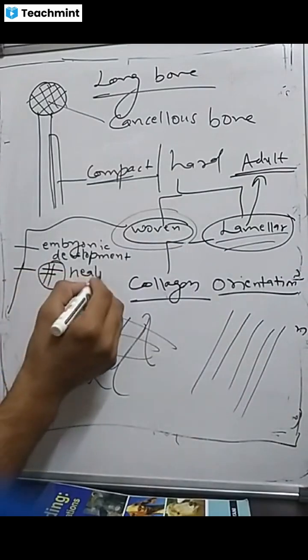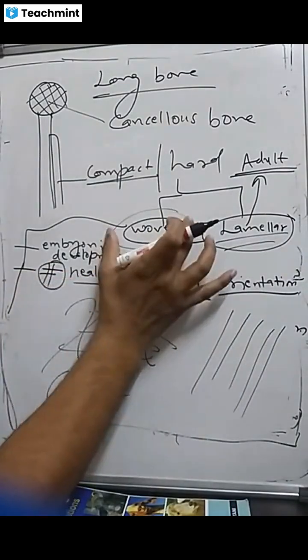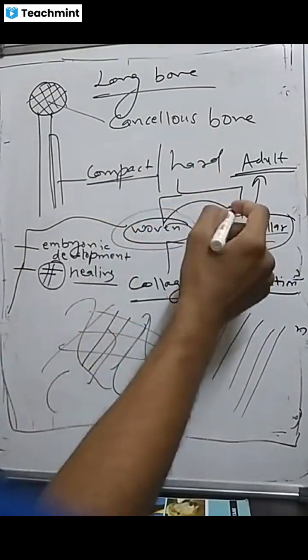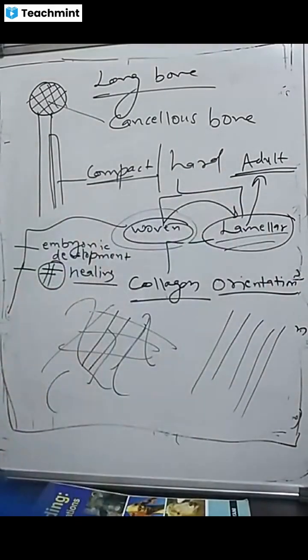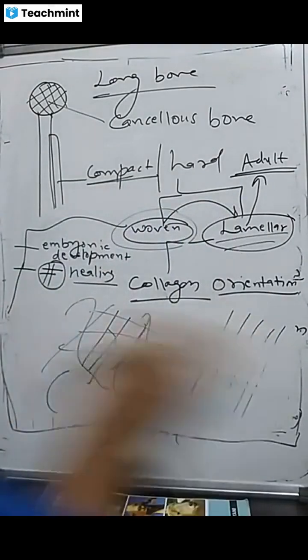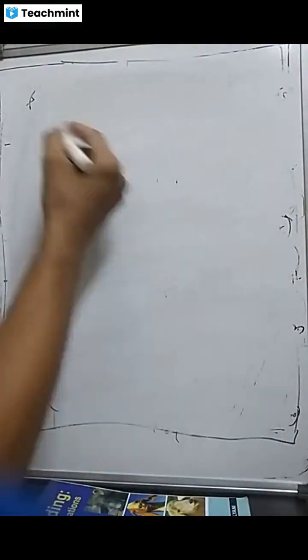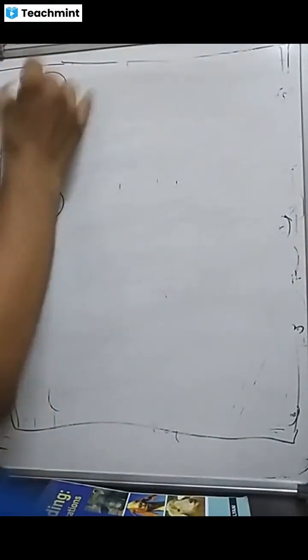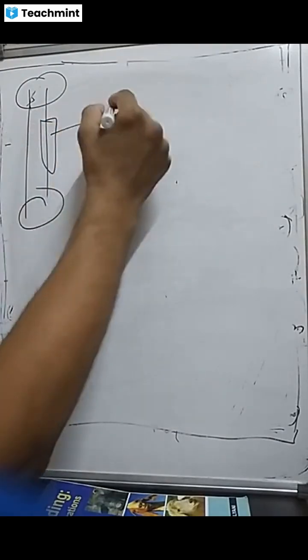When there is a fracture, first this bone will be formed, then further it will be replaced by lamellar bone. That is known as the remodeling of the bone. So, we'll start the story from this part.